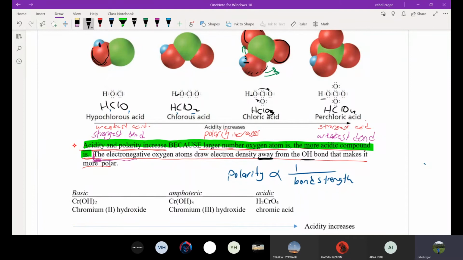The bond between O and H becomes weaker. That's why the H is broken more easily and then becomes more polar, becomes more acidic.